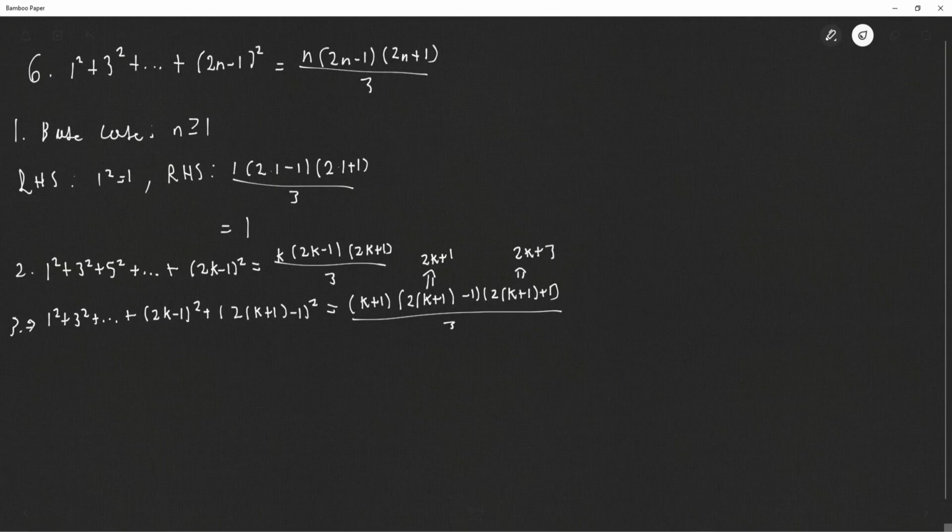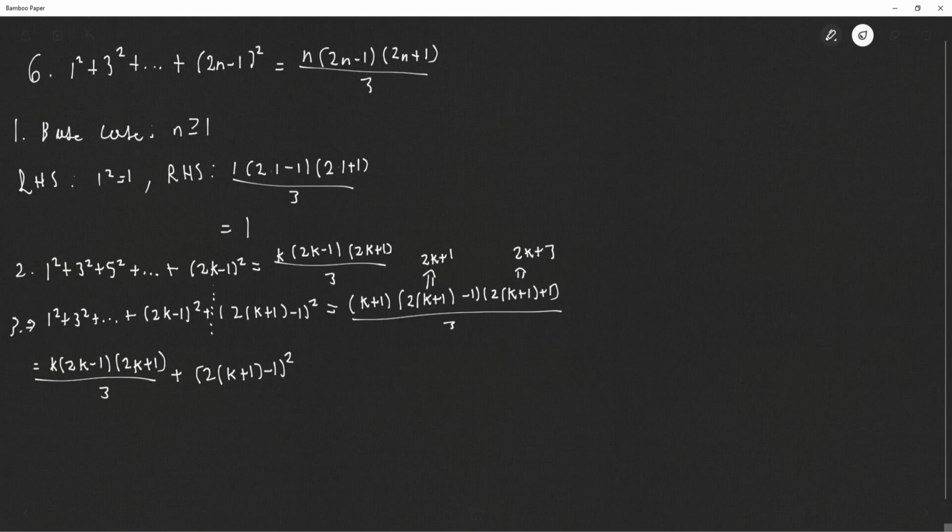So starting from the left-hand side now, just like normal induction, we're able to separate our last little chunk and look at our starting piece, because that is normally what is equal to our hypothesis. So this becomes k times 2k minus 1 times 2k plus 1 divided by 3, and now it's just plus 2 times k plus 1 minus 1 squared, which is a lot easier to work with.